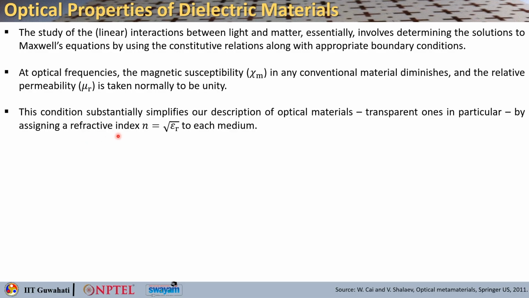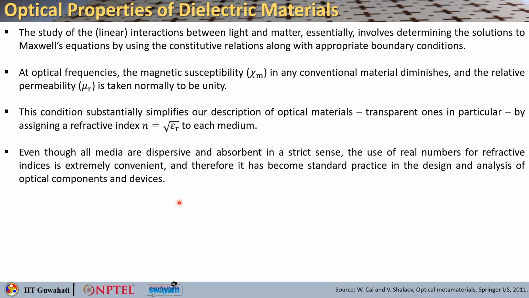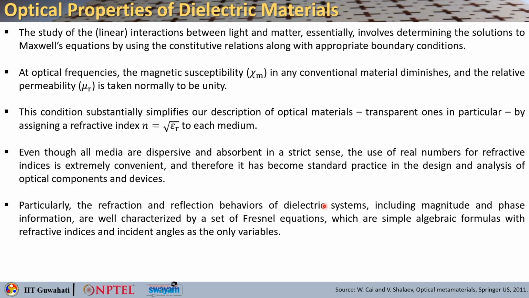So, we can simply take the refractive index to be n, which is square root of epsilon r, because mu r is always 1. Even though all media are dispersive and absorbent in a very strict sense, the use of real numbers for the refractive index makes it very convenient, and therefore, that has become a standard practice in the design and analysis of optical components and devices, right.